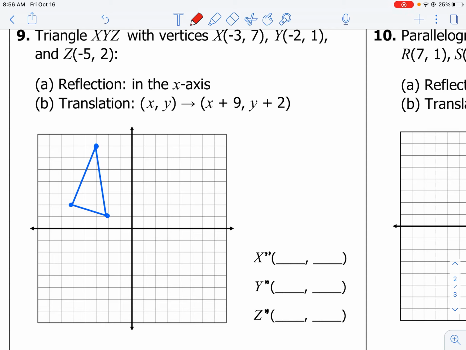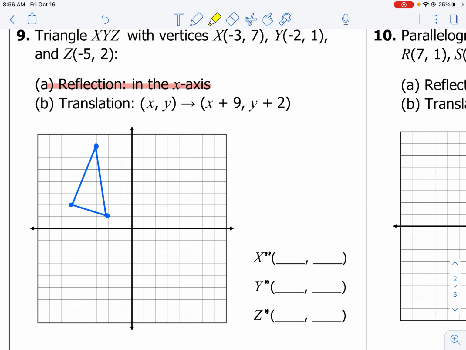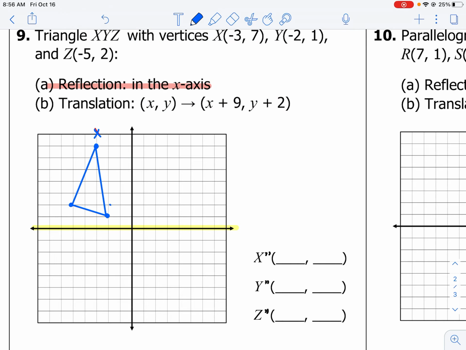So go ahead and graph your pre-image. The first thing that we're going to do is reflect it in the x-axis. Well, this one is our x-axis, the horizontal. So what I'm going to do is just flip my triangle over. Let me label this real quick.